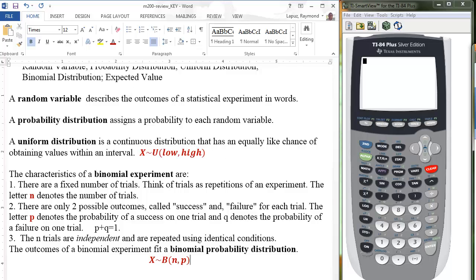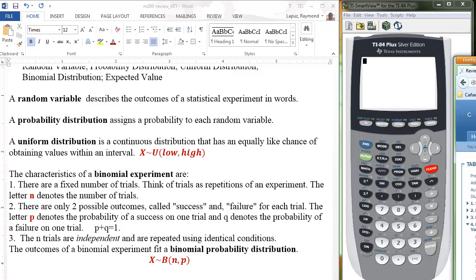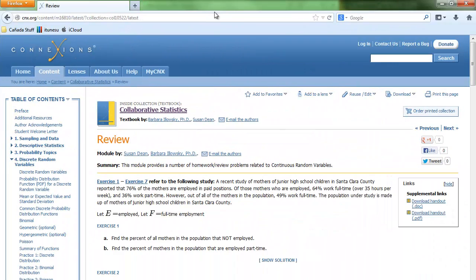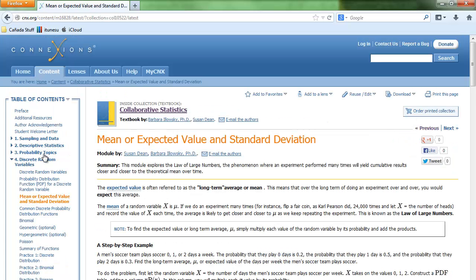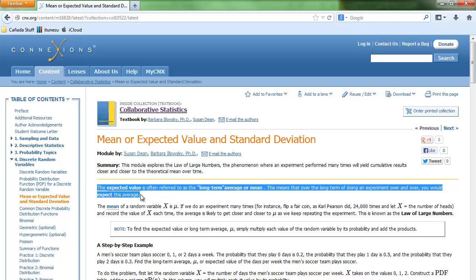Expected value. For expected value, what you can do is just take a look at your textbook, and when it starts talking about the mean or expected value, it's exactly what it is. The expected value is really just the mean. For probability distributions we often use mu for this, and we also look for the standard deviation.